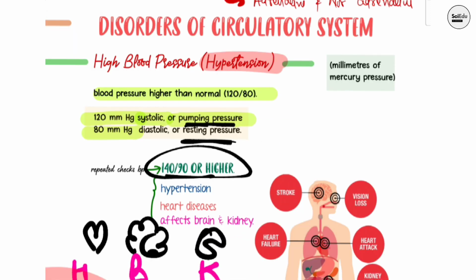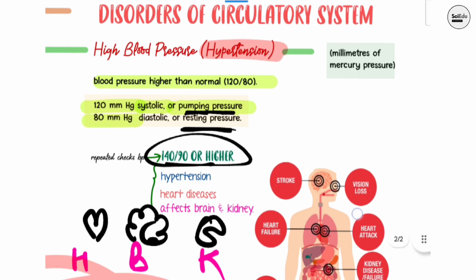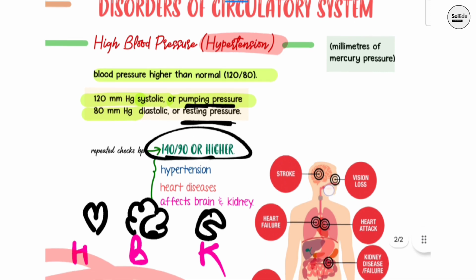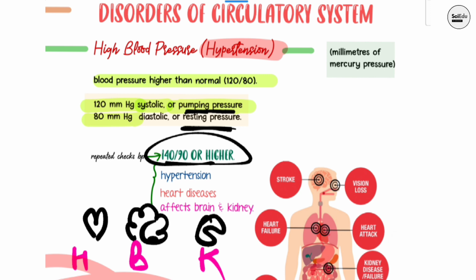Disorders of circulatory system. High blood pressure, hypertension. Hypertension is the term for blood pressure that is higher than normal, 120/80. In this measurement, 120 mm Hg, millimeters of mercury pressure, is the systolic, or pumping, pressure, and 80 mm Hg is the diastolic, or resting, pressure.